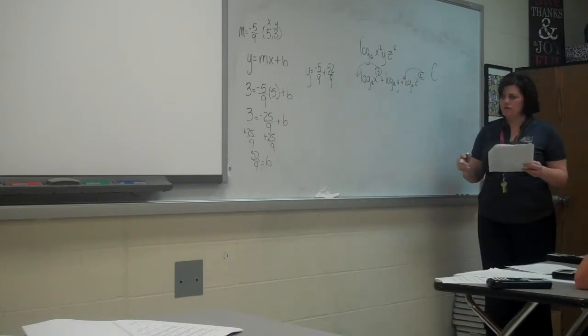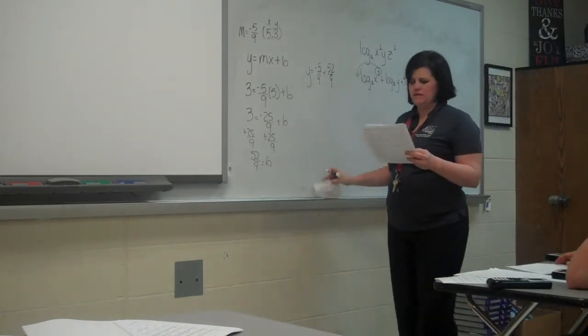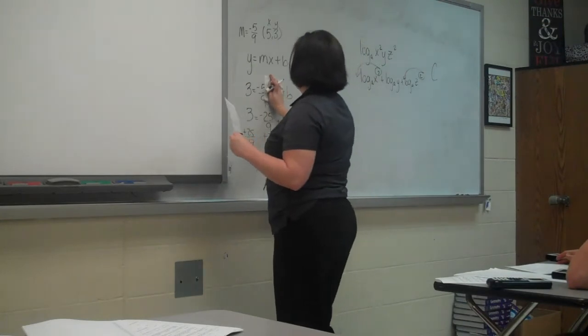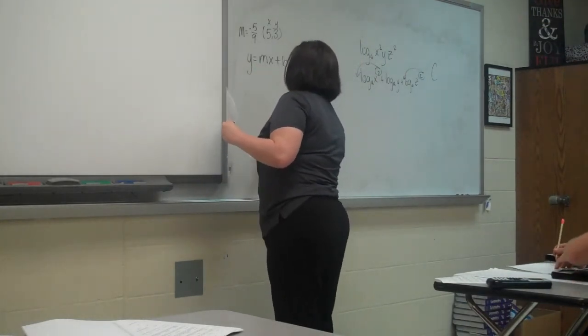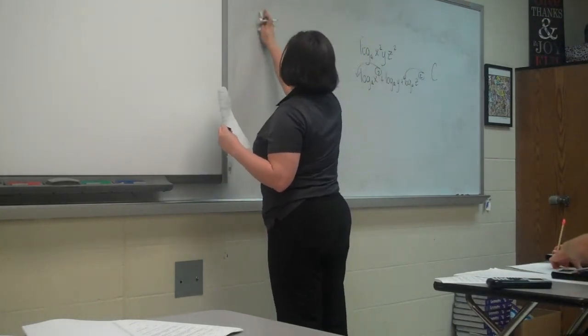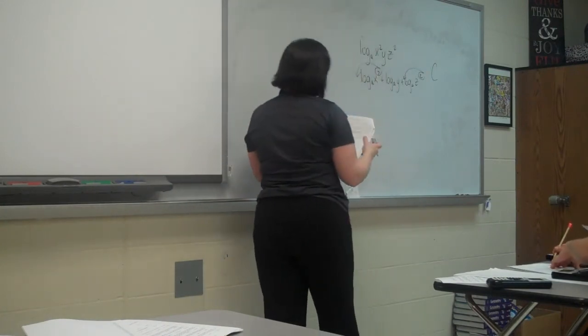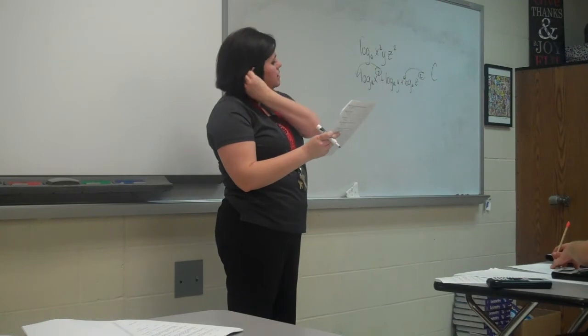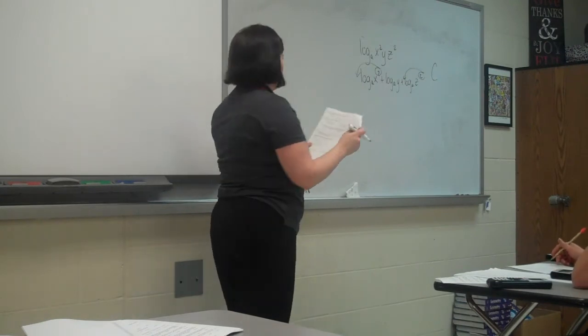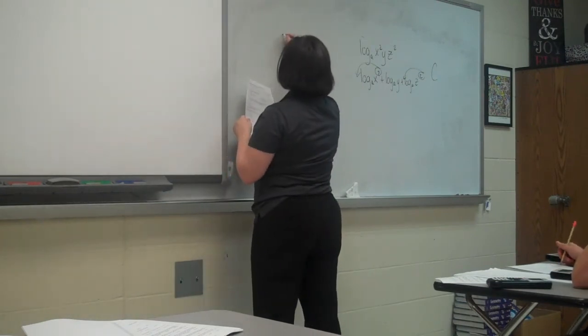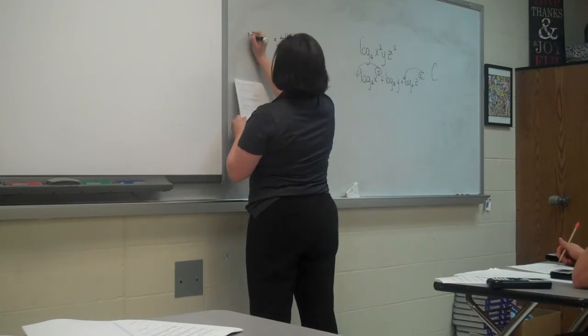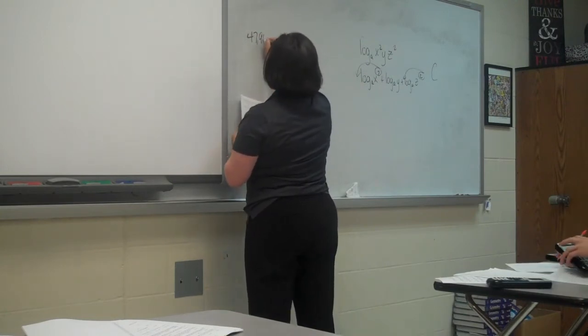All right, 12. This was like 51 on your review, and a lot of people were having trouble with this. I don't know if it's because it was just at the end and they were done, or if they really didn't understand it. How long will it take $4,100, so that's what you're starting with, to grow to $47,900, that's what I'd end with?